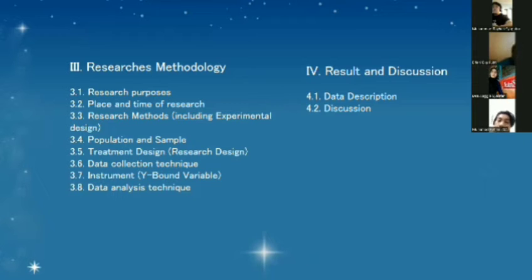And then there's also more about these things. The third thing is research methodology. The first one is research process, purpose, place and time of research, research methods and population and samples, treatment design, data collection techniques, instrument, data analysis techniques.